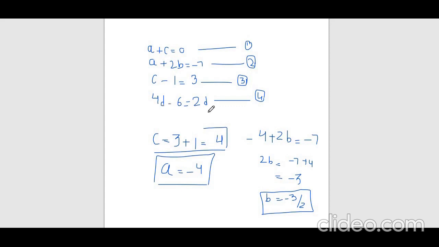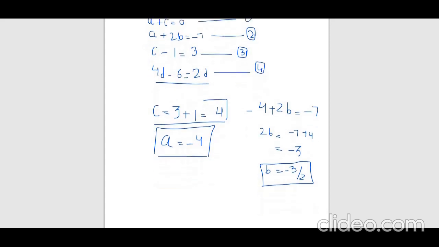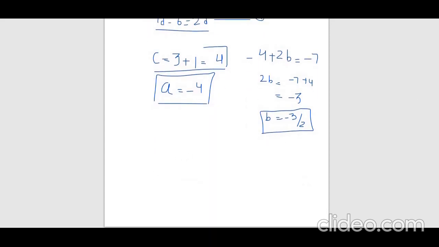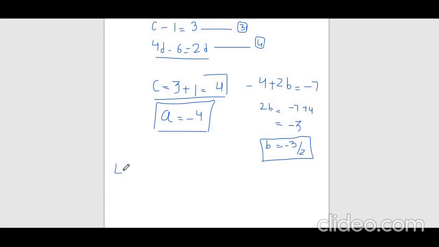Now what is D? We can find D from this equation, that is 4D minus 6 equals 2D. There is only one unknown value, which is D. 6 is constant.